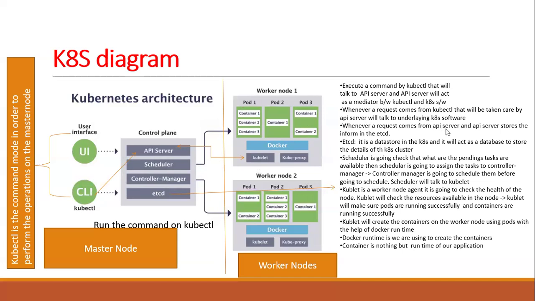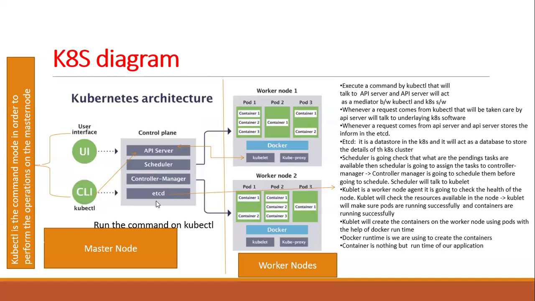Whenever a request comes, the API server stores the information in etcd. What is etcd? etcd is a data store in Kubernetes, and it acts as a database to store the details of the Kubernetes cluster.